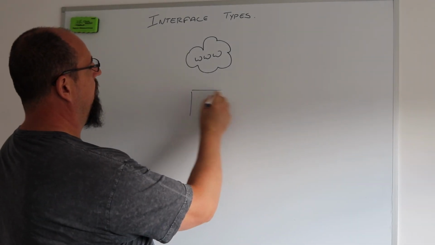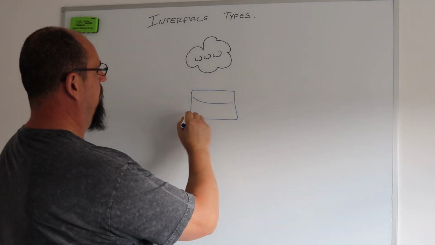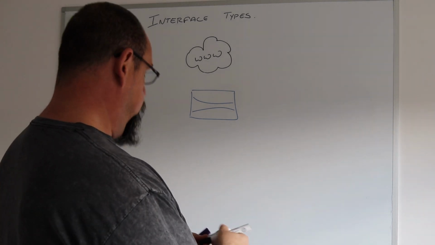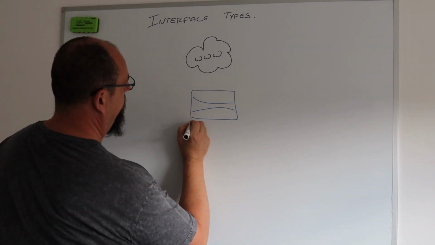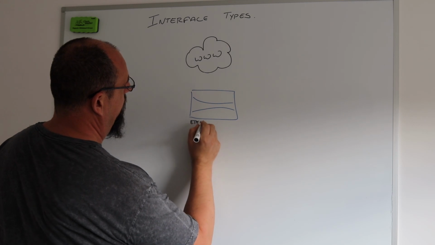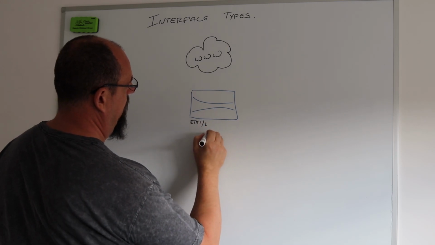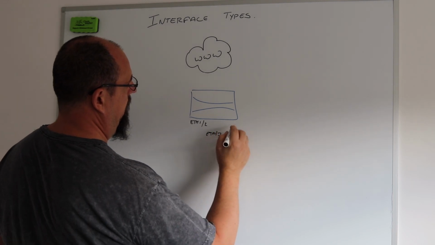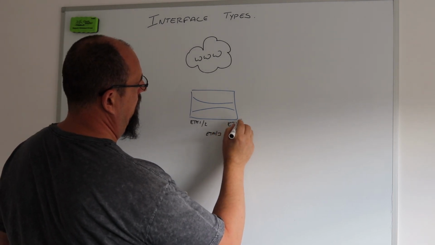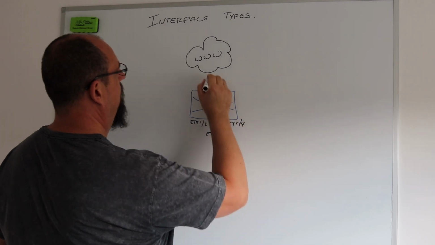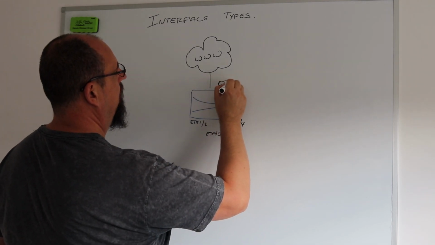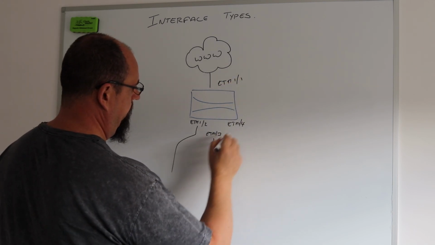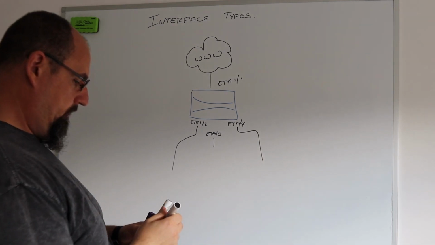So again we have a firewall here, and on this firewall we may have ETH 1/2, ETH 1/3, 1/4, 1/1.